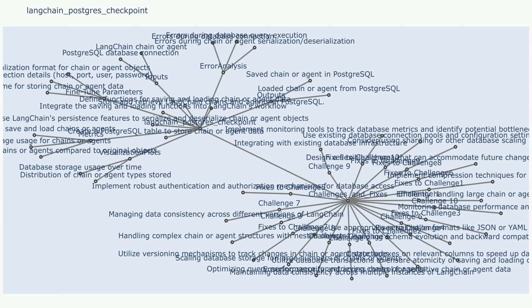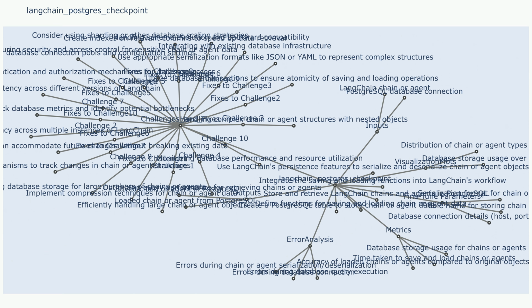Steps: serialization: the agent state is converted into a format that can be stored in the database, e.g., JSON or a custom serialization format. Database storage: the serialized state is then saved to a table in the PostgreSQL database. The table structure is designed to efficiently store the agent state and retrieve it later.